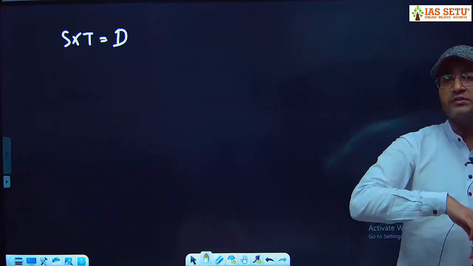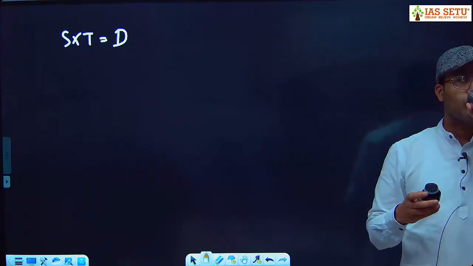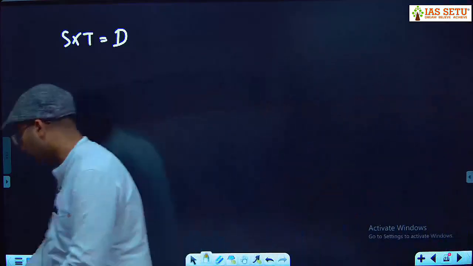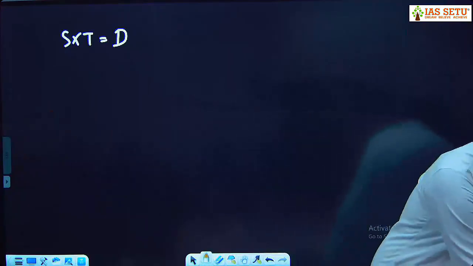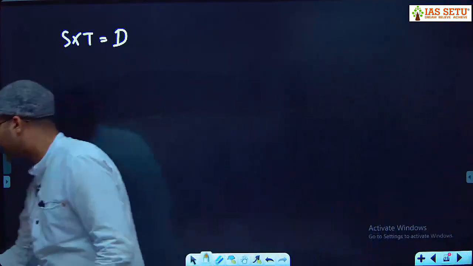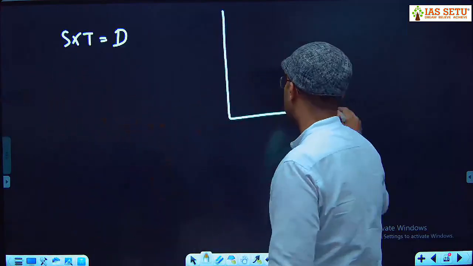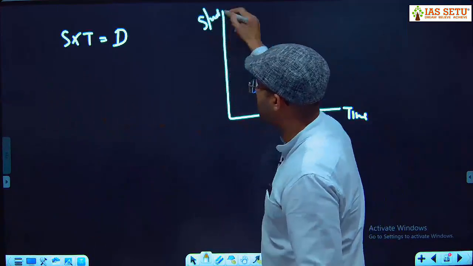So that's why in a speed time graph, see, generally we take time on x axis. हम time ज्यादातर x axis पे ही लेते हैं. Speed we take on y axis.